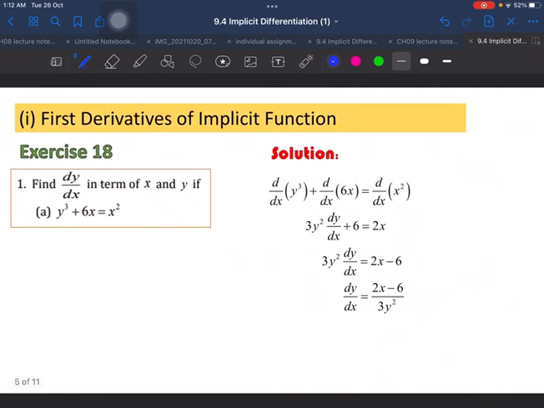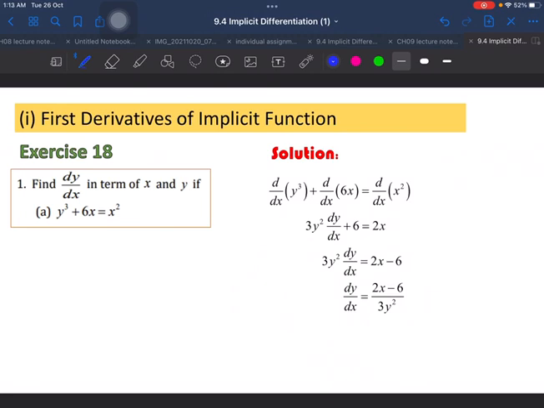Okay, next, for exercise 18, let's say we want to find dy over dx in terms of x and y if we have the equation y to the power of 3 plus 6x equal to x square.